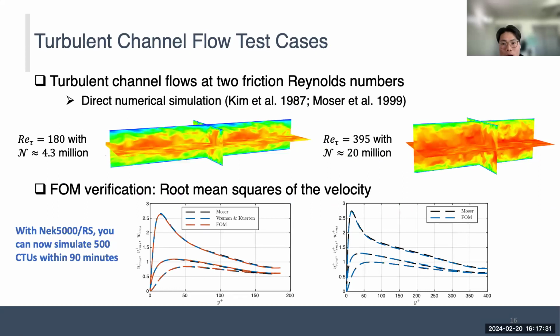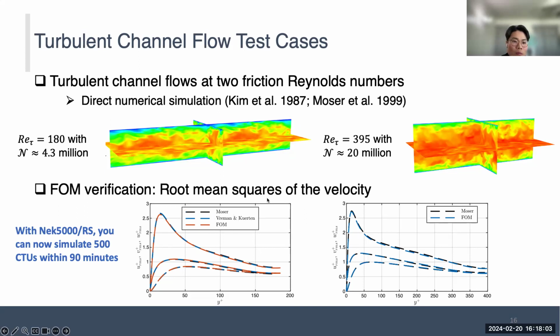So in this paper, we consider turbulent channel flow at 2 friction Reynolds numbers, one at Re-tau 180 and one at Re-tau 395. For 180, there's around 4.3 million degrees of freedom, and for 395, there's 20 million degrees of freedom. We verified the FOM by comparing the root mean square of the velocity with Moser's and Vermont's data.